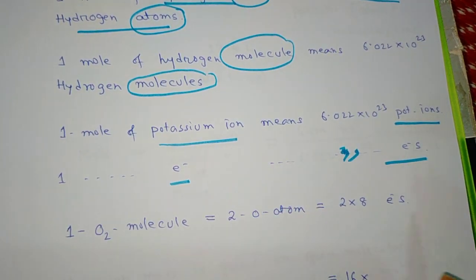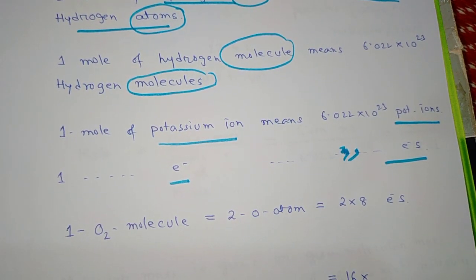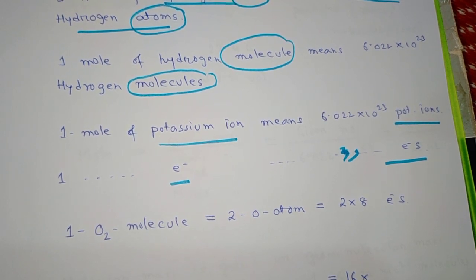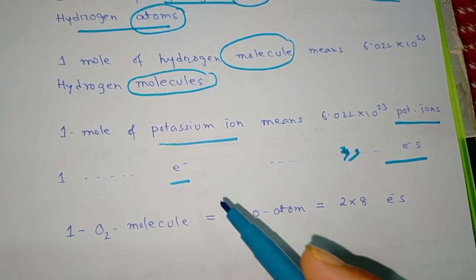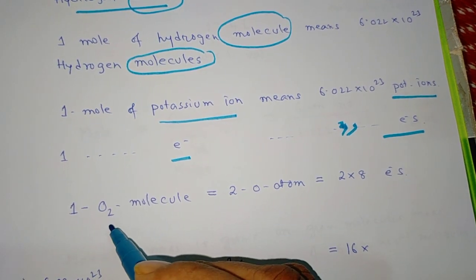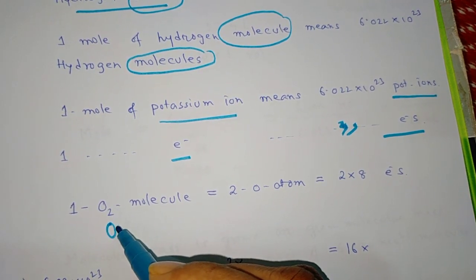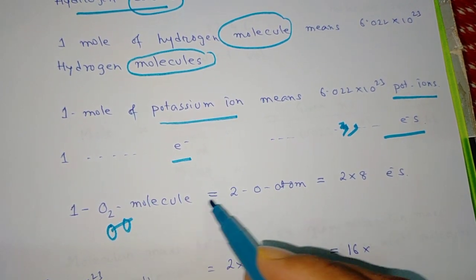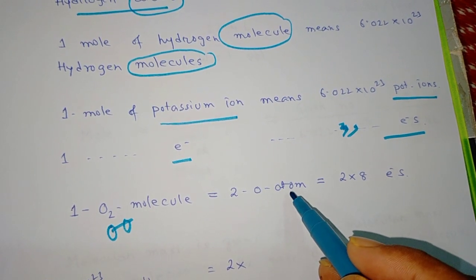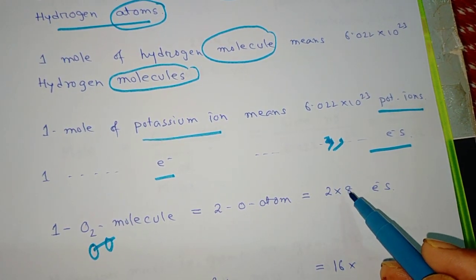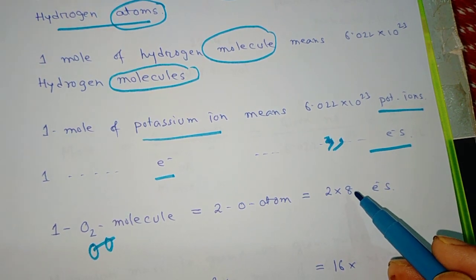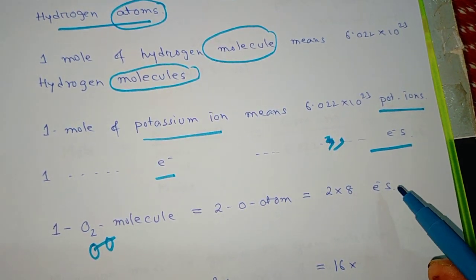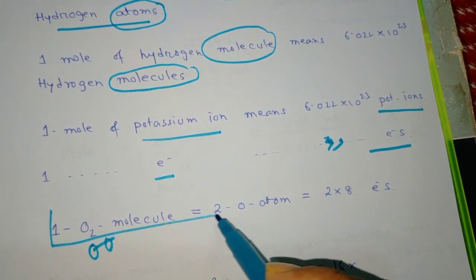Now students, let us come from this point. You may have some confusion here. If we have one oxygen molecule, how many oxygen atoms are there in it? There are 2 oxygen atoms. So 1 oxygen molecule is equal to 2 oxygen atoms. Now 1 oxygen atom contains 8 electrons, so 2 into 8 means 16 electrons.